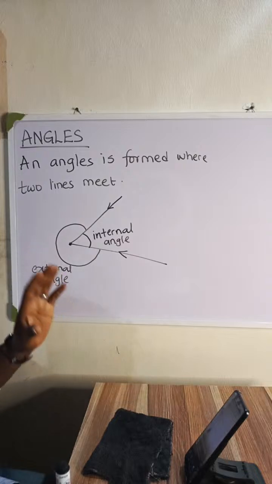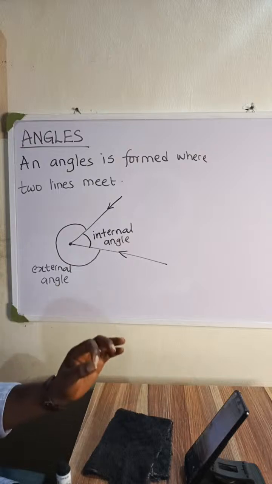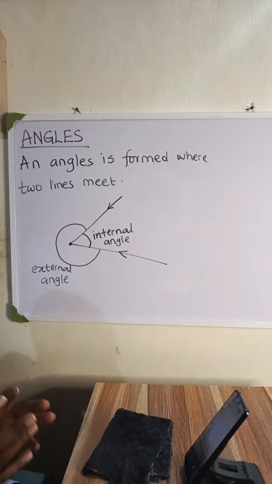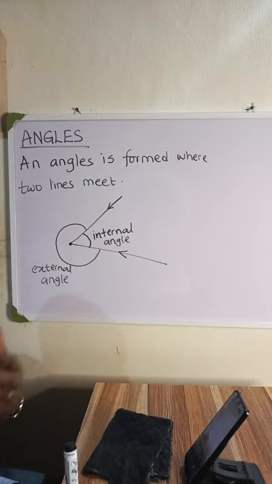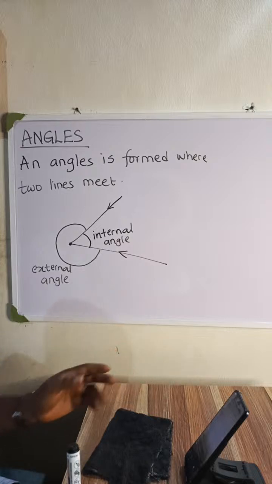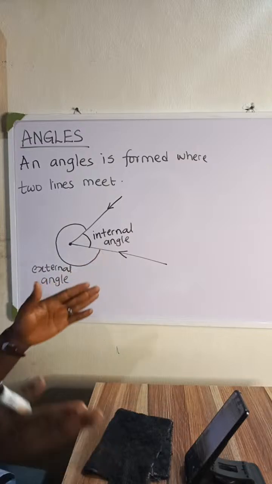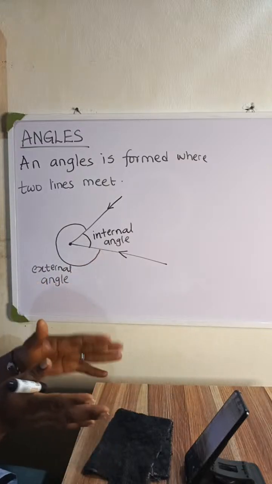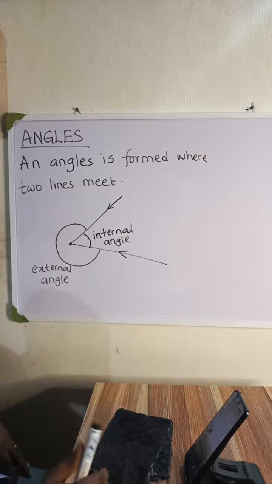You should try to identify both, because there are some questions that require you to calculate the external angle, while in other situations you need to calculate the internal angle. So always take note of that. The internal angle is inside the two lines. The external angle is outside the two lines.